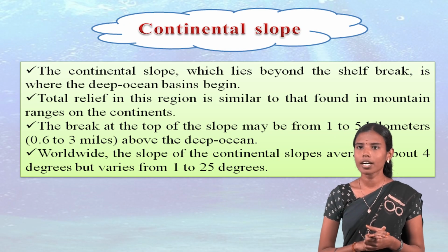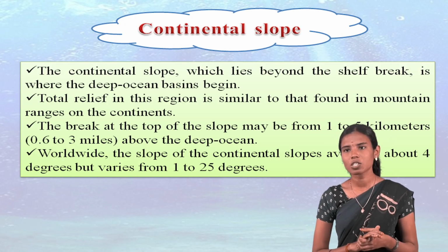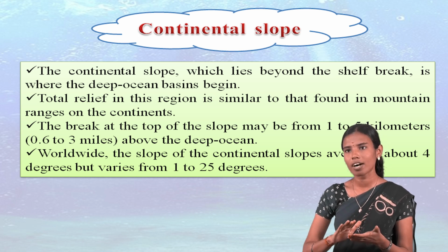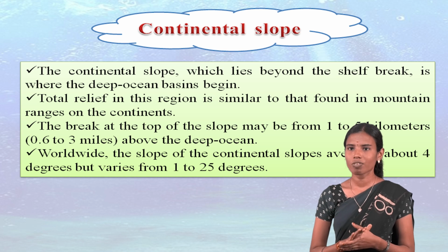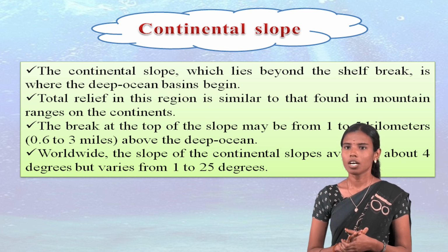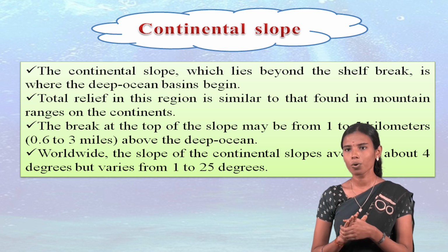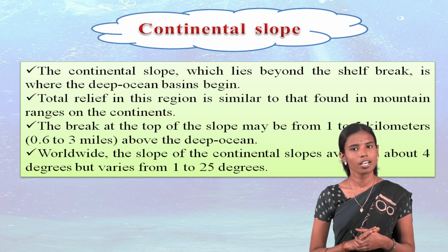Next, the continental slope. The continental slope lies beyond the shelf break, beyond the continental shelf, where the deep ocean begins. The total relief of the continental slope is similar to that found in mountain ranges on the continent.